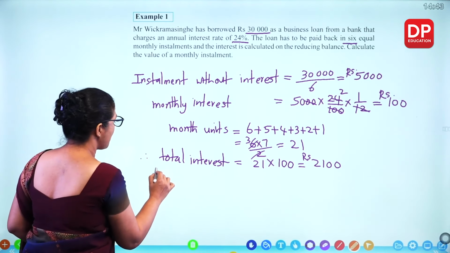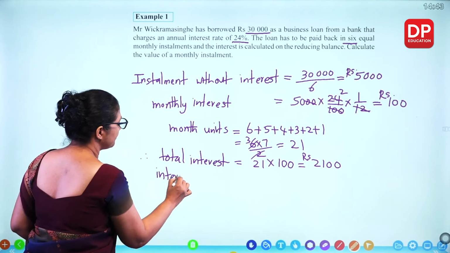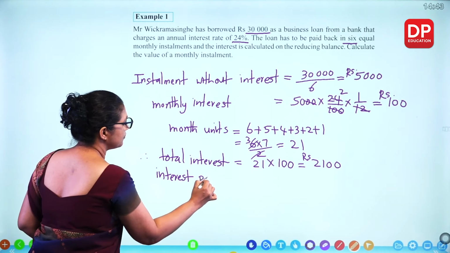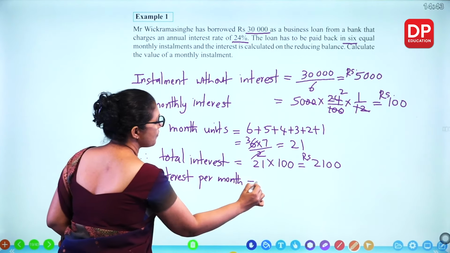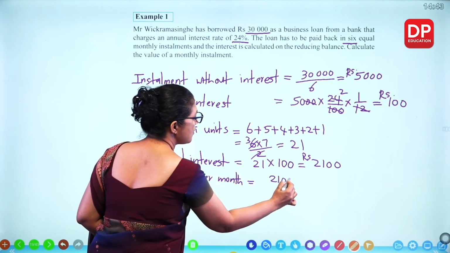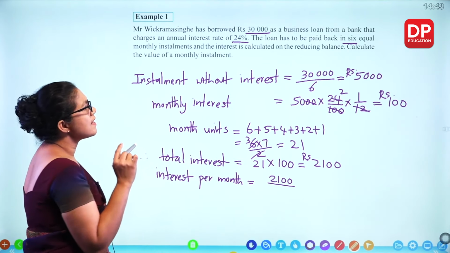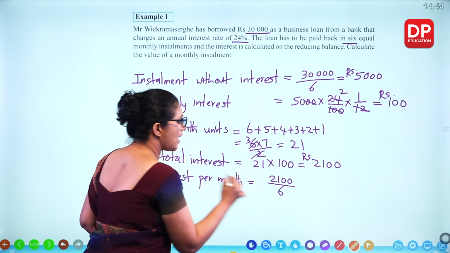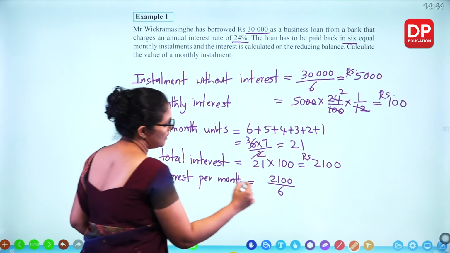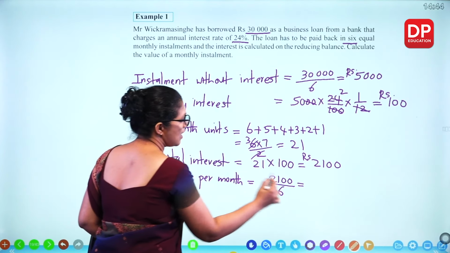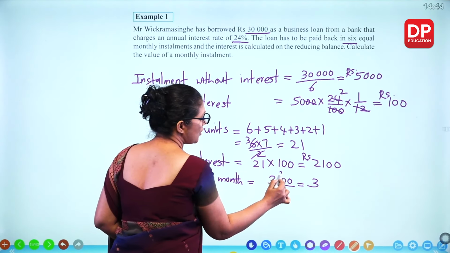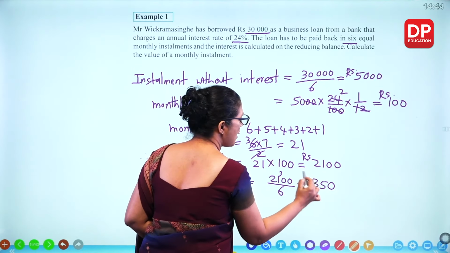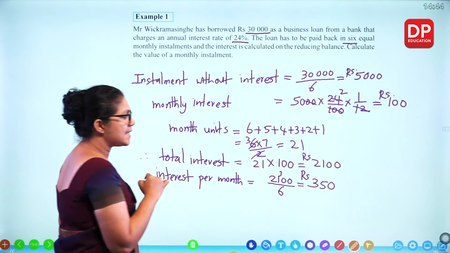So interest per month: this is the total interest, divide by 6 equal months. So you get 6 times 3, 18. For 30, that's 5. So 350 rupees.